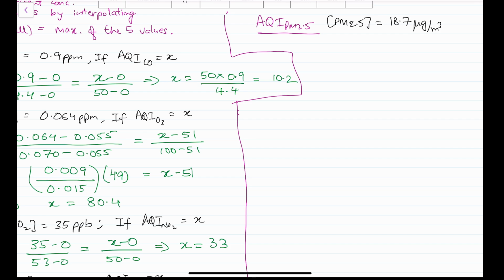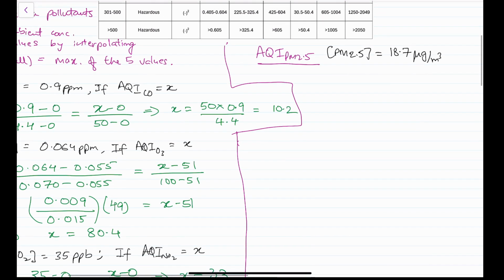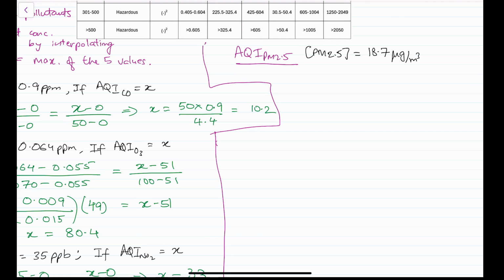If you look at this table, this is in the second row here. So we would have 18.7 minus 9.1 divided by 35.4 minus 9.1 would be equal to x minus 51 divided by 100 minus 51. And if we solve this, you would get an x of 69.